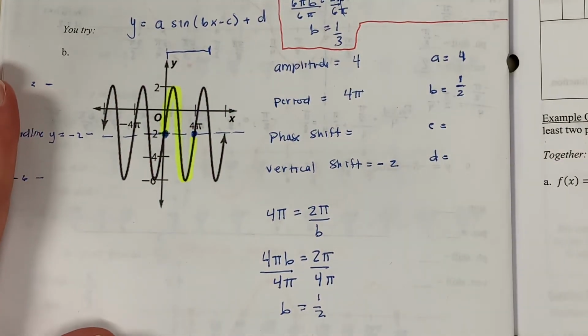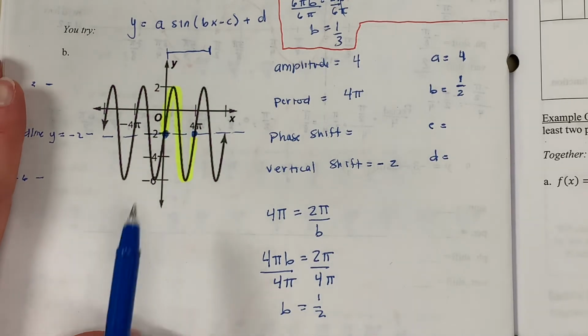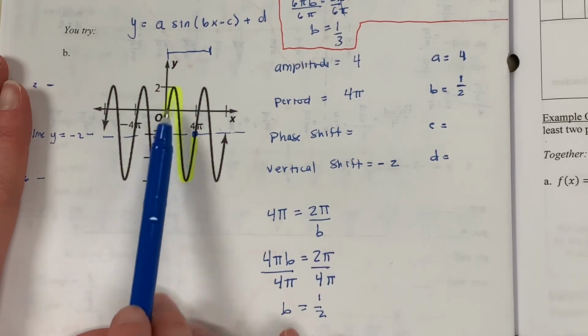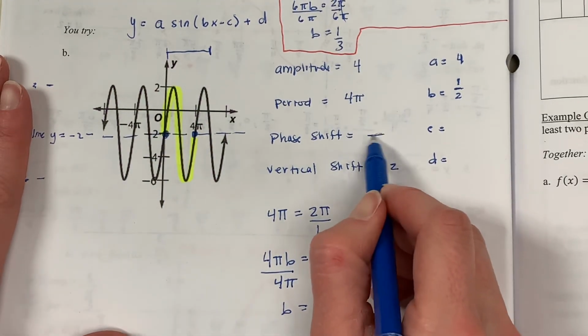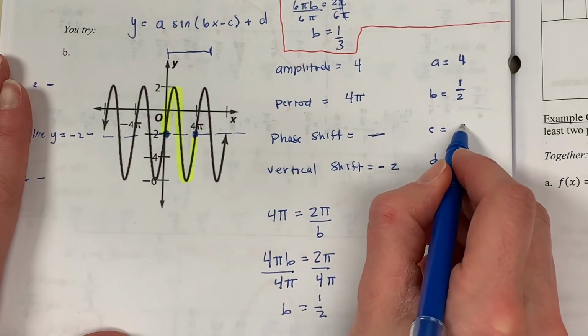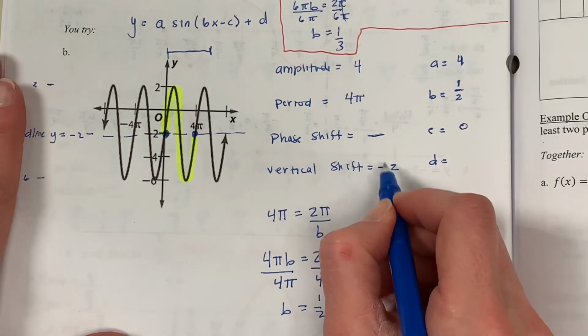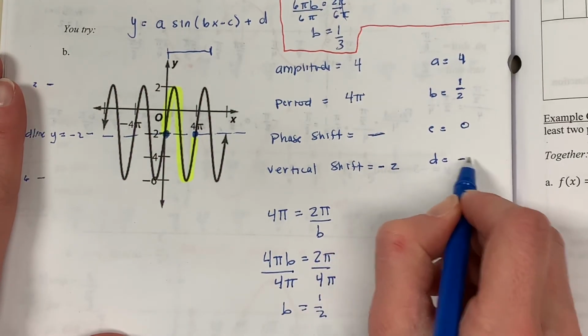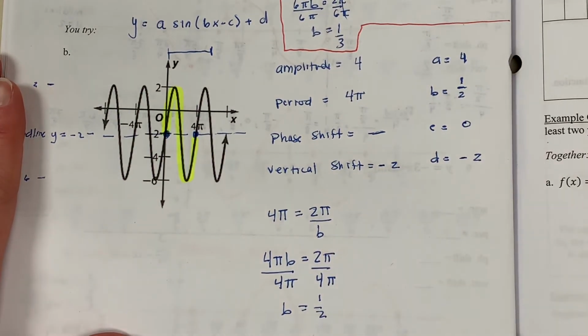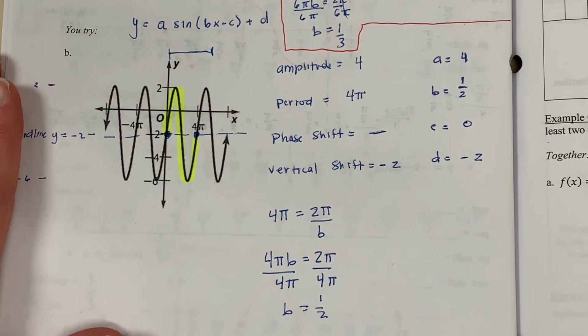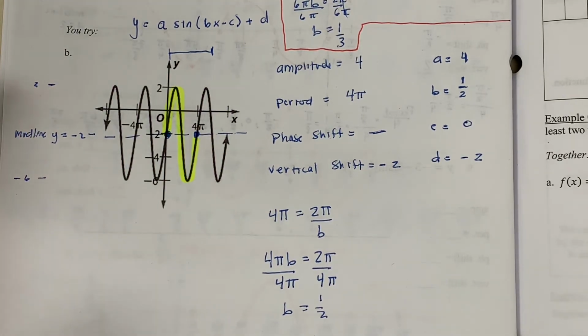There is no phase shift because my first point occurs where x is 0. Since there is no phase shift, c is 0. My vertical shift went down 2 units, so d is -2. As soon as I have values for a, b, c, and d, I can plug those into the formula for my sine curve.